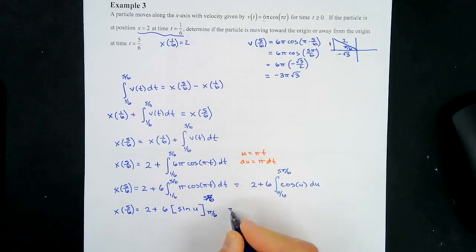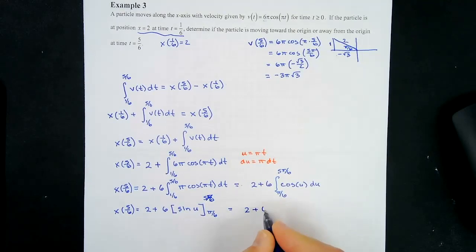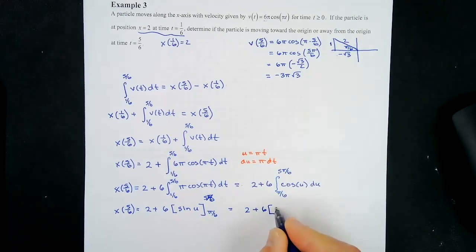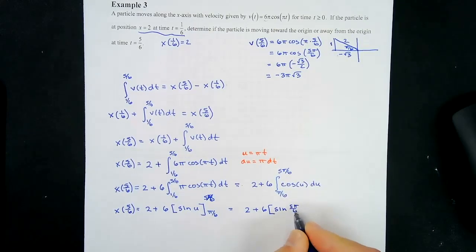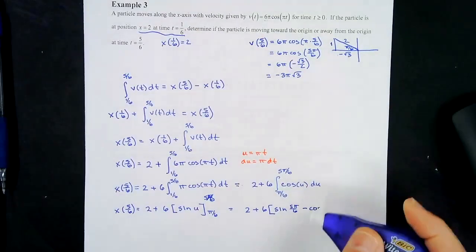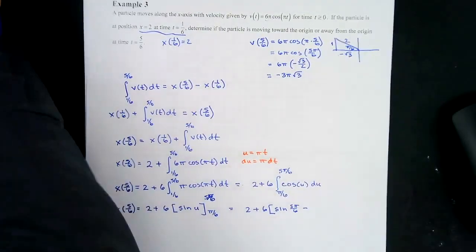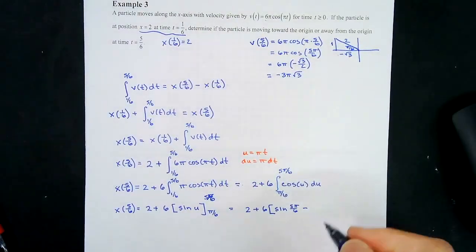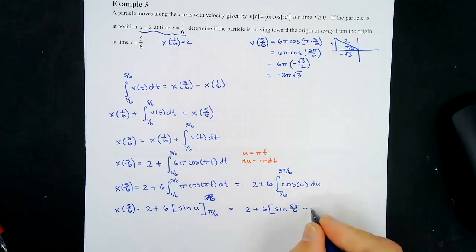Okay, so that means we have 2 plus 6 times sine of 5 pi over 6 minus, not cosine. Sorry about that. Sine of 5 pi over 6 minus sine of pi over 6.